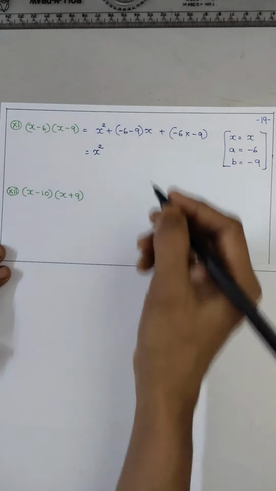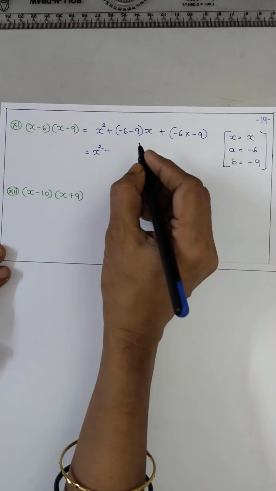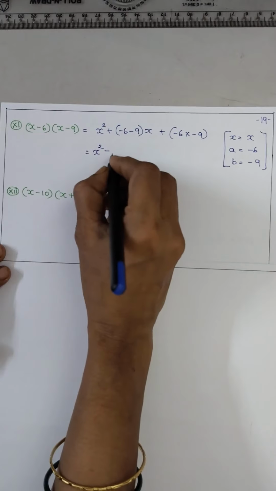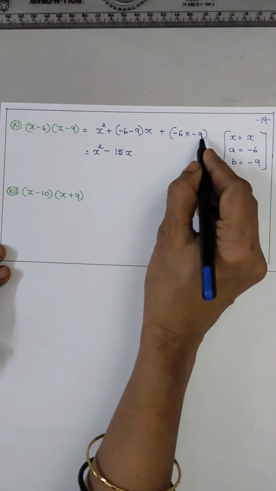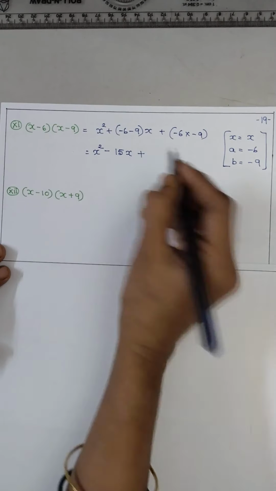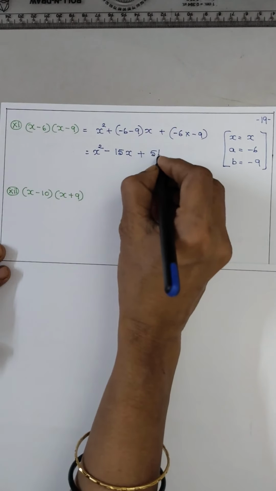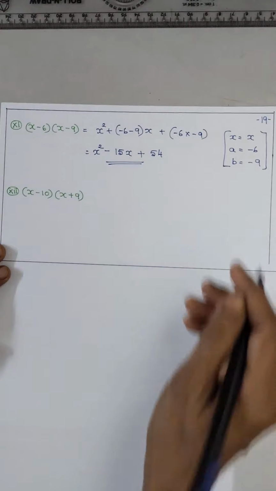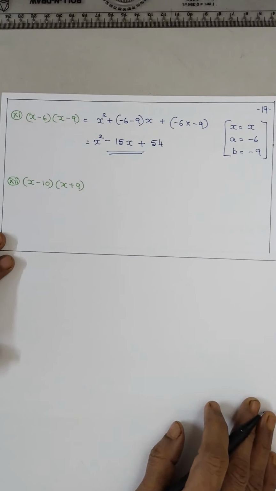X squared, signs are same, so add, but the sign is minus. 6 plus 9 is 15x. Same sign in multiplication, then its answer will have plus. 6 nines are 54. X squared minus 15x plus 54.